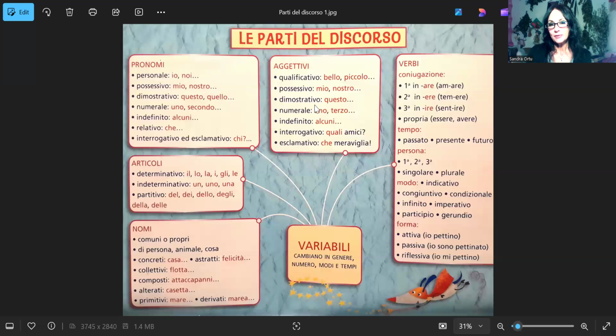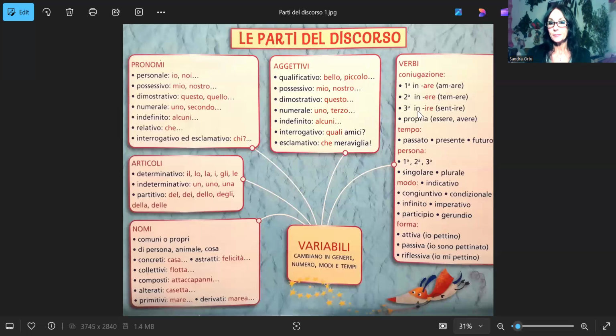Here we've got a bit of a repetition of something we've got here, because certain words, certain parts of a sentence, can be used as pronouns or adjectives, but let's not worry at all about that. That is the reason why there is a bit of a repetition.